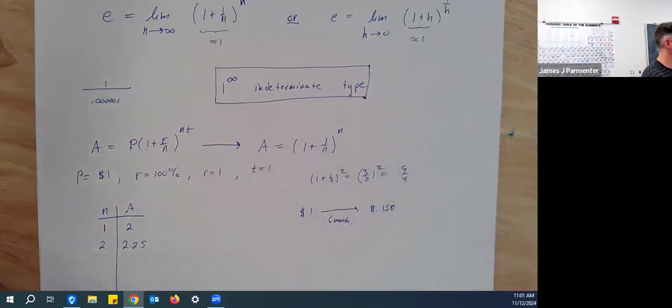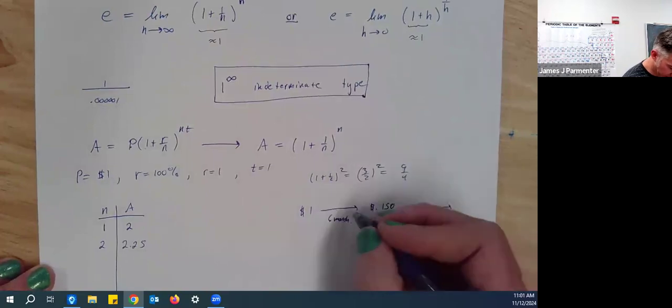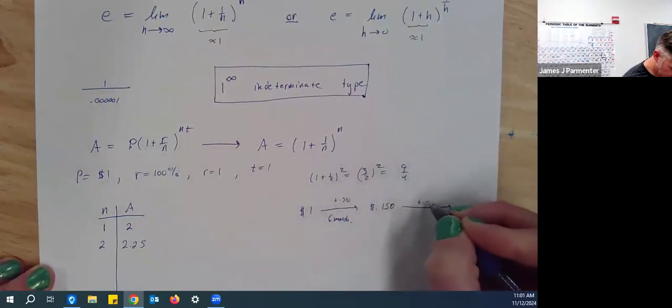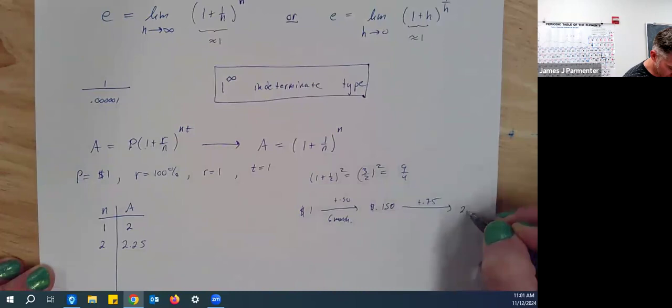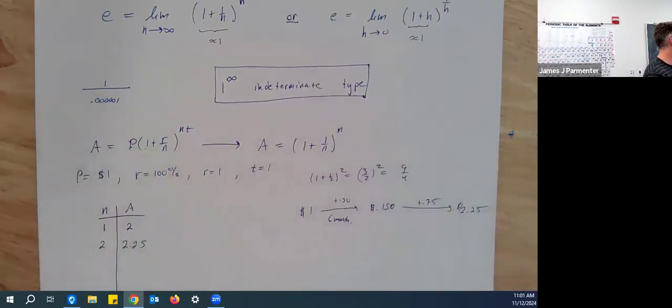But now I'm charging interest on that amount, so I charge you 50% interest on the $1.50 that you owe me, which is 75 cents. After another 6 months, I get 75 cents of interest, for $2.25. That's the very basic math of what's going on here.